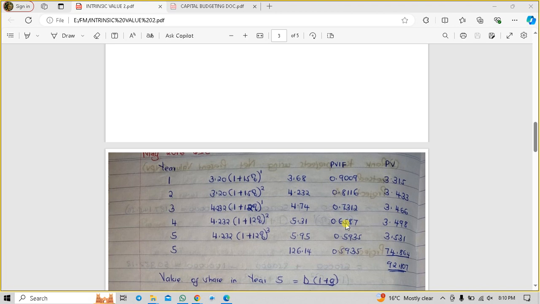1 plus 11% is to power negative n. N is the number of years, so it is to power negative 1, then 1 plus 11% to power negative 2, and power negative 3. We are supposed to get these figures.